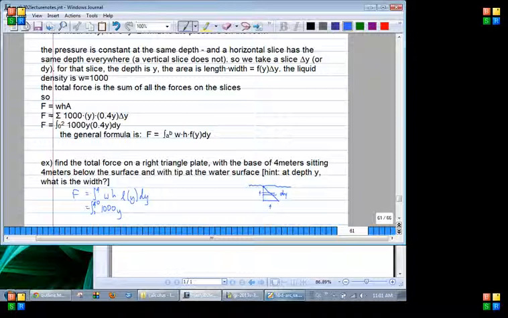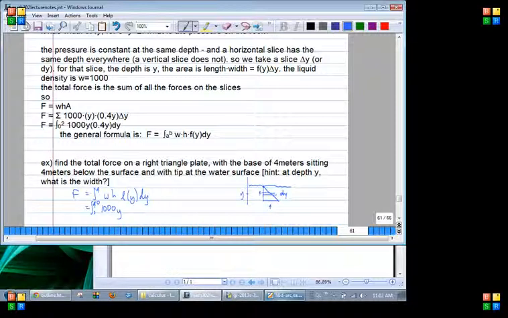The depth of that slice is just whatever the y value is. We also need the area of that slice. The area of that slice is whatever its horizontal length is times dy. So the question is, what's that horizontal length? We need to figure it out because it's clearly varying.